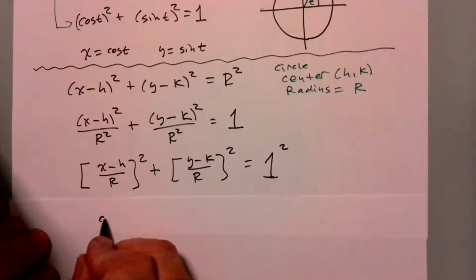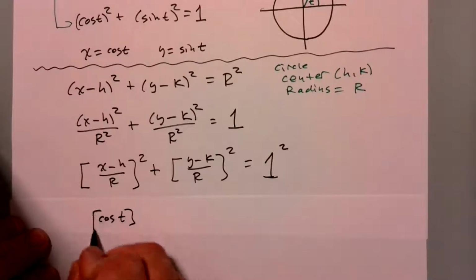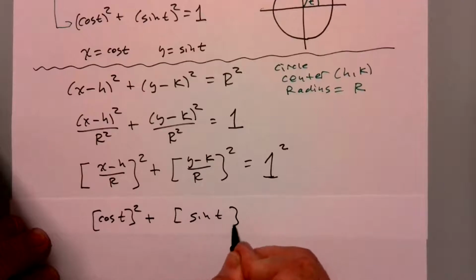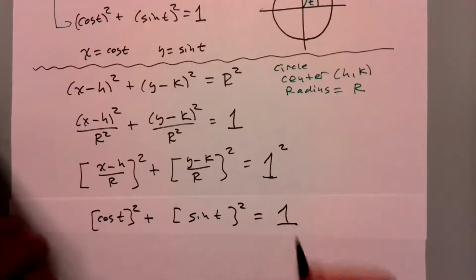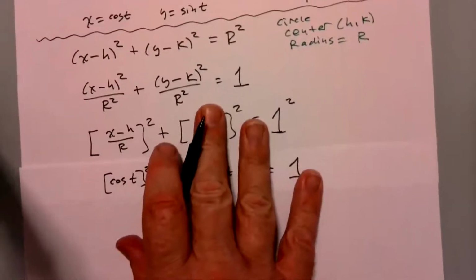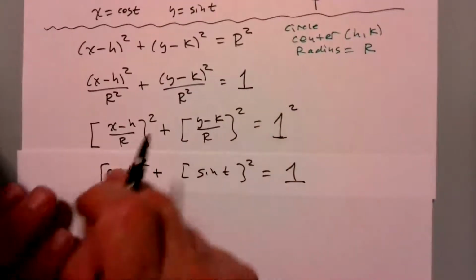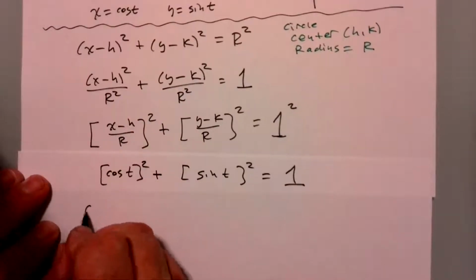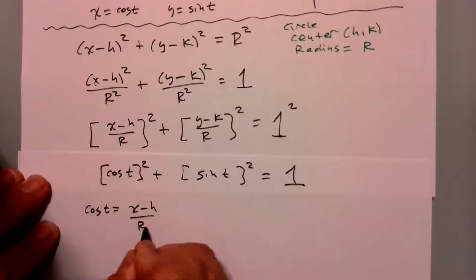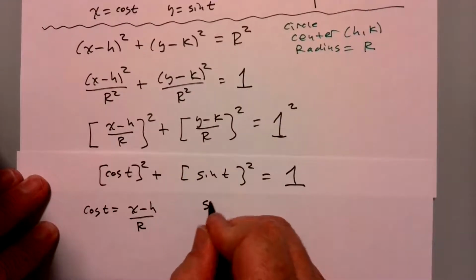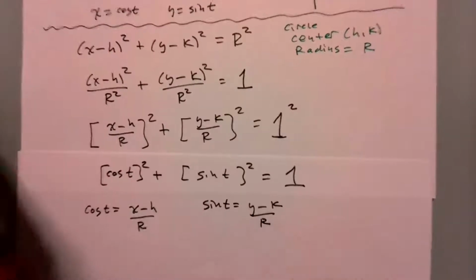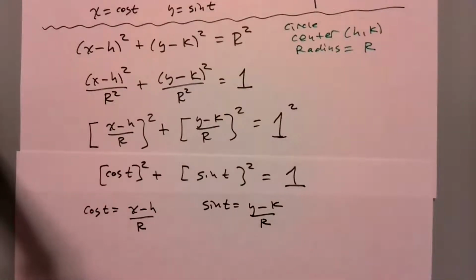So using our identity, cos t quantity squared plus sine t quantity squared is 1 tells me what? How do I equate these ideas? Well, I say that cos t is x minus h over r, and sine t is y minus k over r. And what I have to do now is I've got to solve for what?